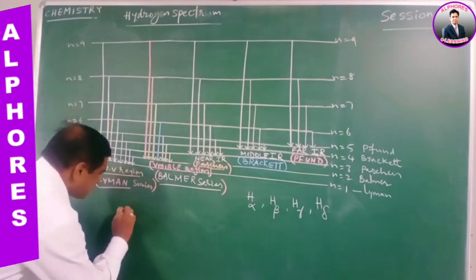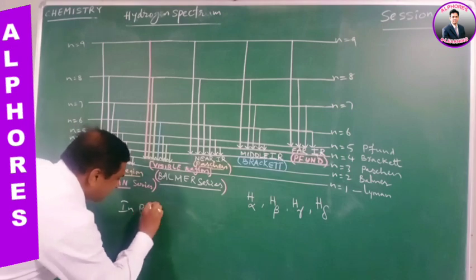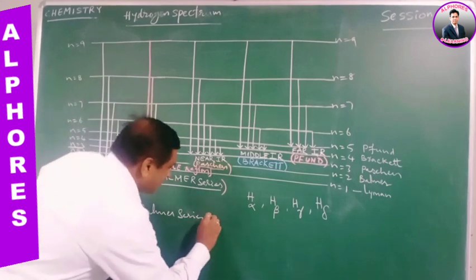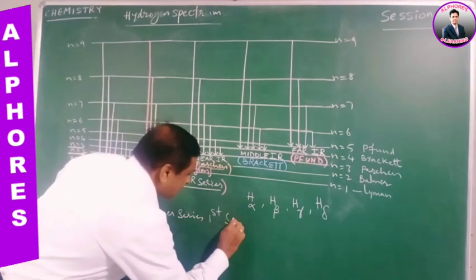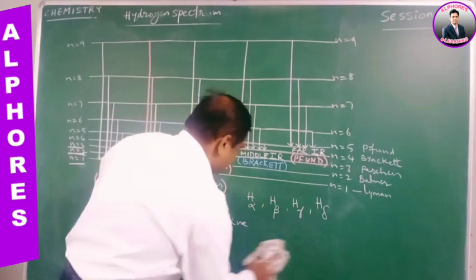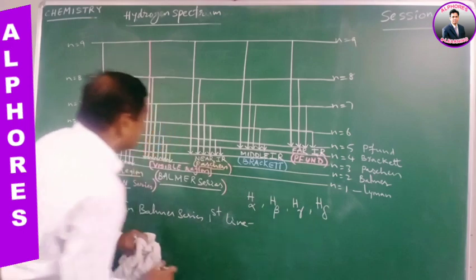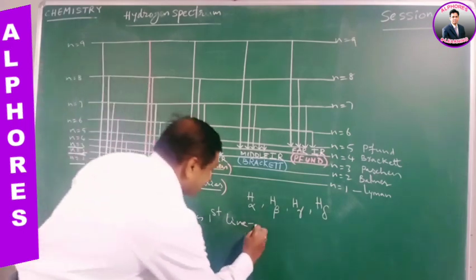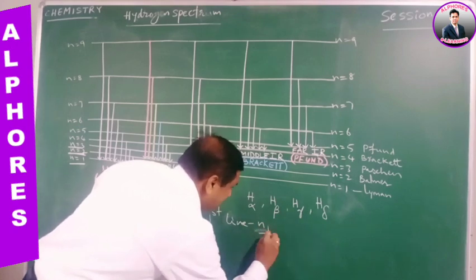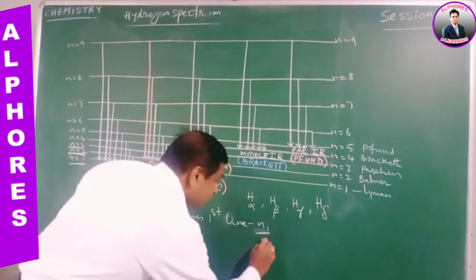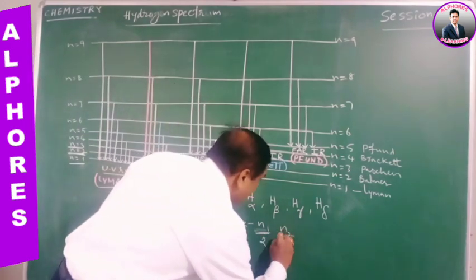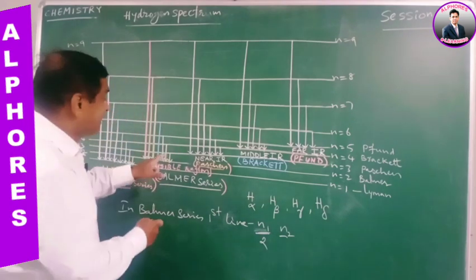Taking the Balmer series as an example, first line means n1 equals 2, the ground state, because the electron is coming to the second orbit, and n2 equals the next excited level, that is the third orbit.